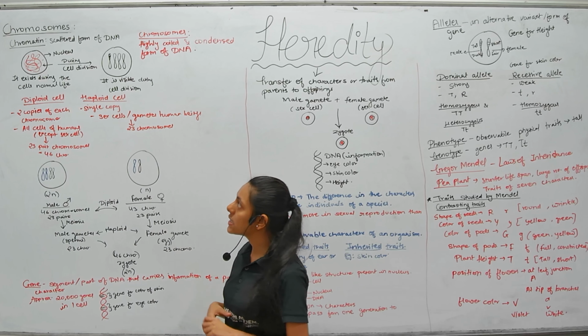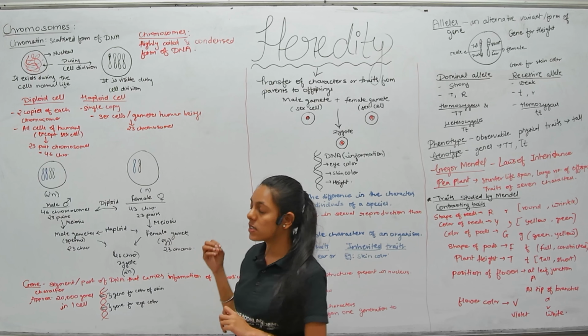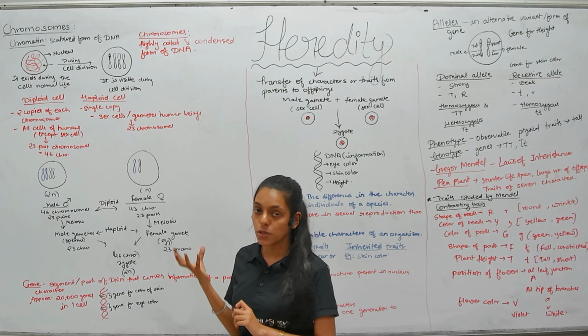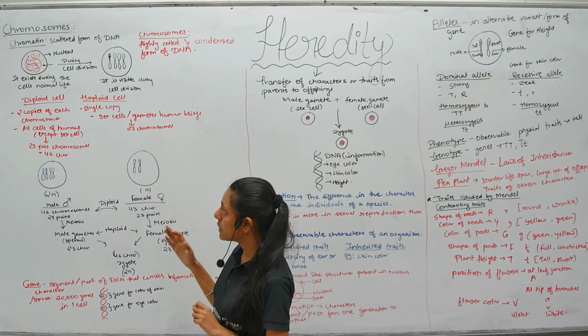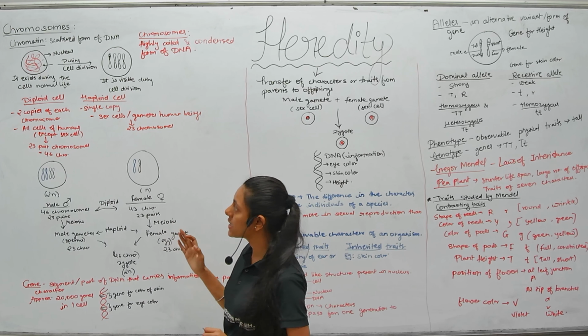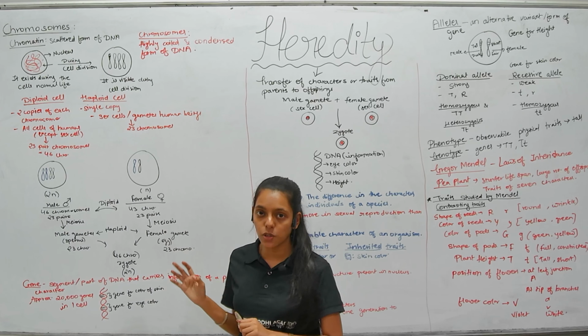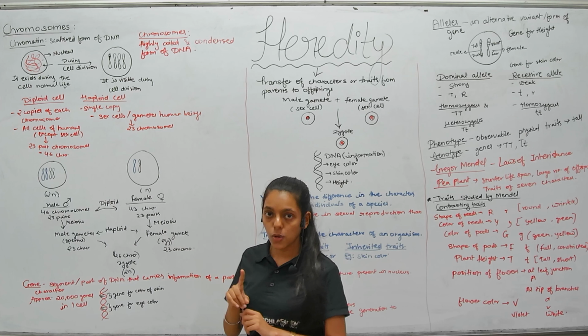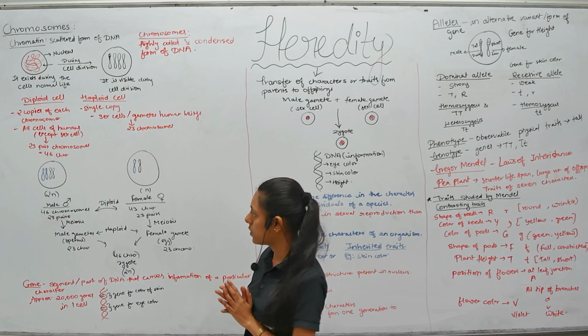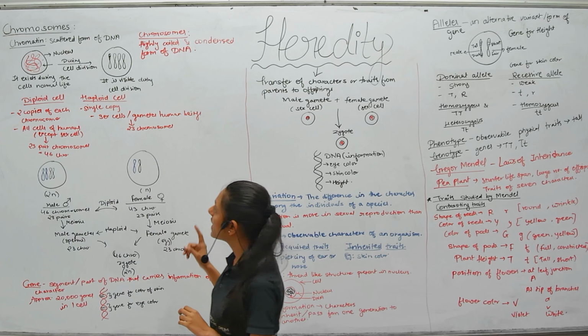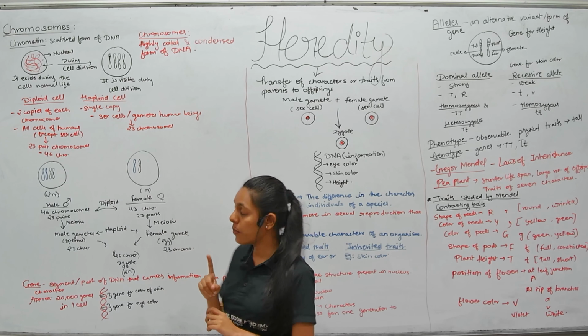Inside the nucleus there will be chromosomes. There are diploid cells and haploid cells. In diploid cells there will be two copies of each chromosome, so one chromosome will have two copies. In haploid cells there will be only a single copy of the chromosome.